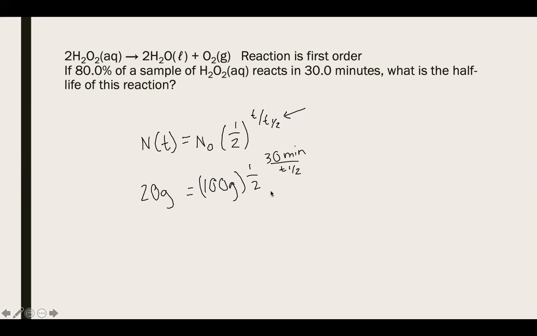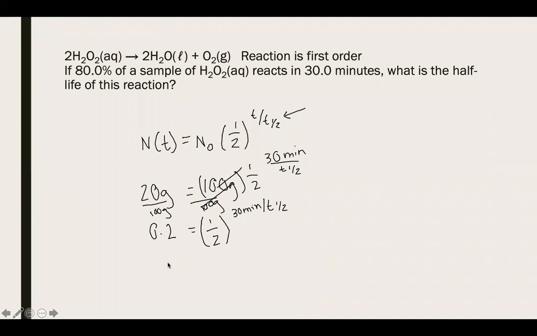So the first step you can do is just divide by your 100 grams in order to get 0.2 on this side. So you would divide by 100 grams on this side and on this side, and you would cancel out this whole part of the equation, and then this would become 0.2 equals 1/2 raised to the 30 minutes divided by your half-life.